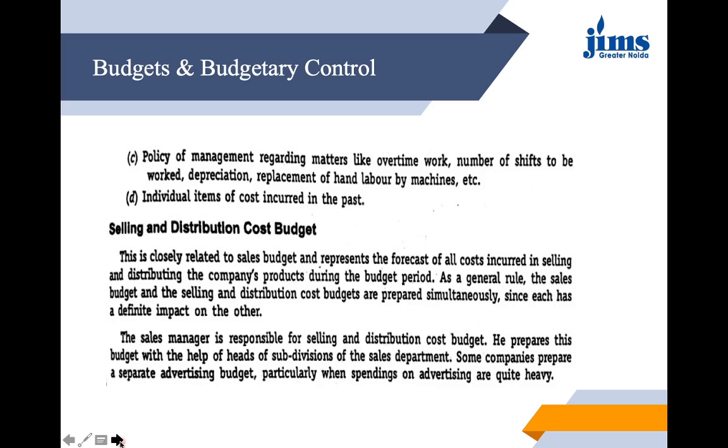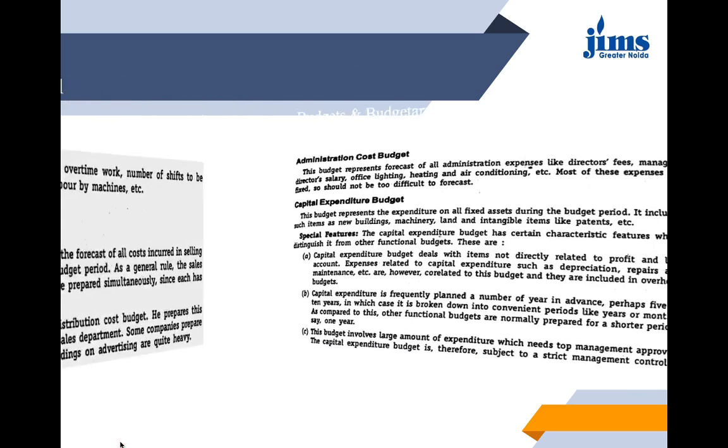The sales manager is responsible for preparing the selling and distribution cost budget. He prepares this budget with the help of heads of subdivisions of the sales department, and some companies prepare a separate budget under different headings like advertisement budget, which would show how much is spent on advertisement, because there we have heavy spending in general.